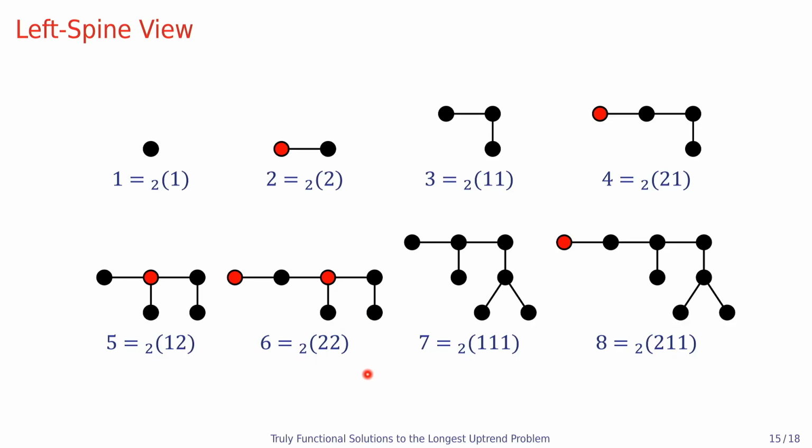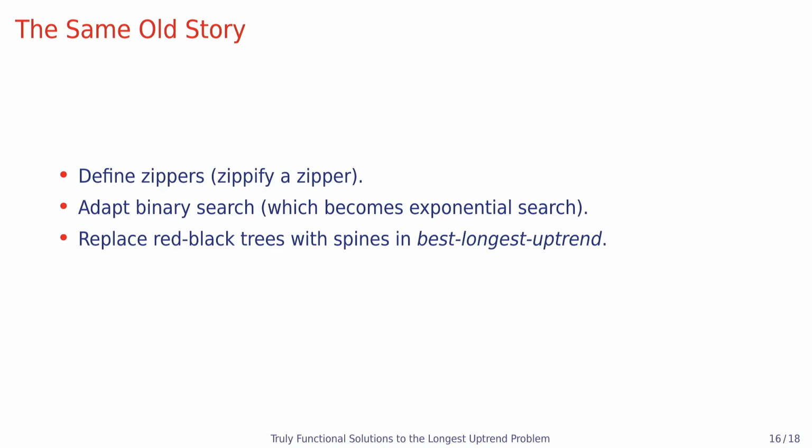Now instead of using red-black trees, we can just operate on the left spine view instead. We don't need red and black nodes anymore, because we can just encode the digits inside the data structure, as a data type. Again, we perform the same things as before.